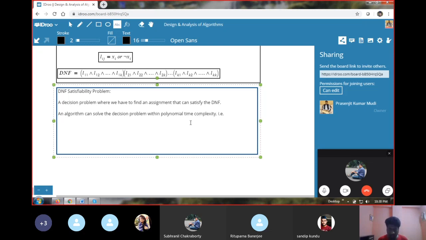That is, it is likely to be equivalent to a deterministic algorithm, with time complexity of order of some polynomial in n. It is likely to be equal to a deterministic algorithm. Okay, so that's fine.